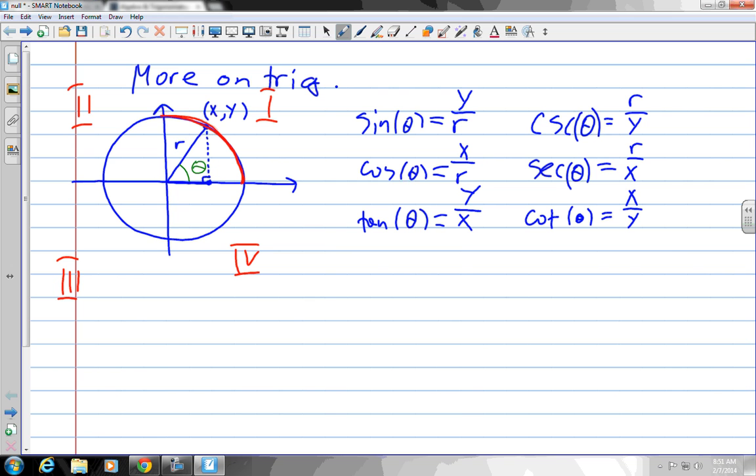Therefore, sine, cosine, tangent, cosecant, secant, and cotangent are all positive. So I'm going to write it very small: sine theta is greater than 0, cosine theta is greater than 0, tangent theta is greater than 0. For any theta in the first quadrant, all those functions are going to come out positive.